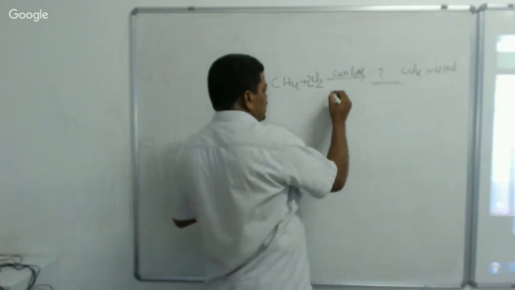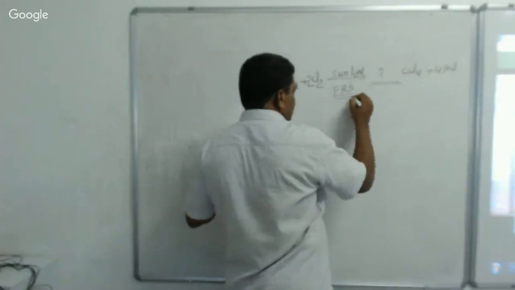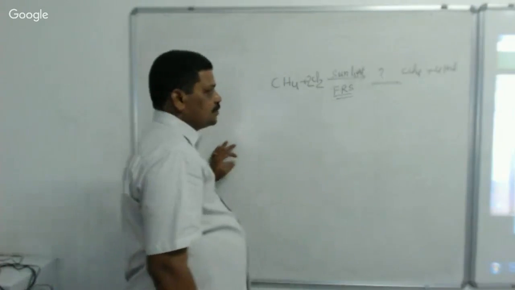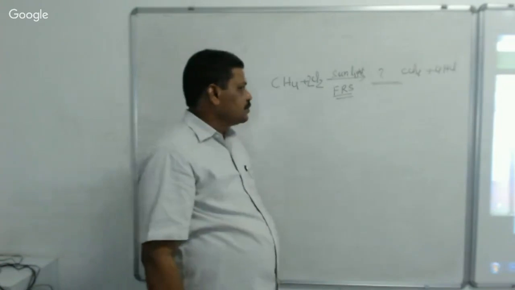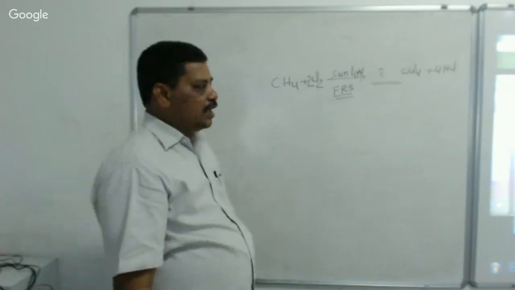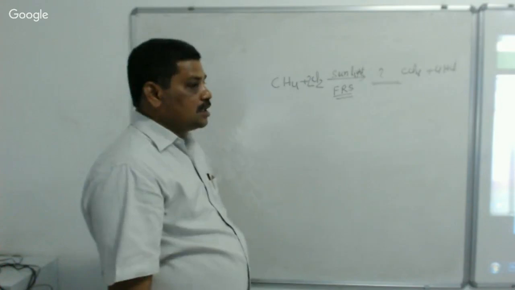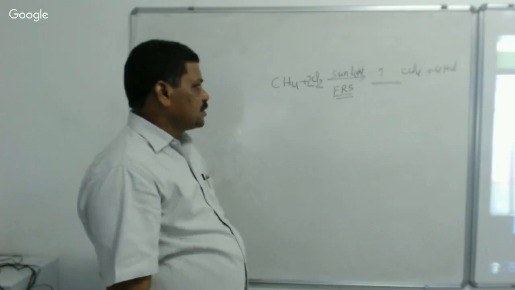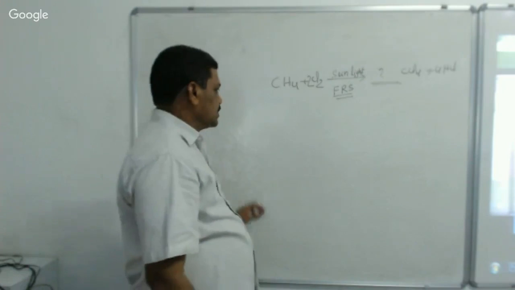What kind of reaction is this? Free radical substitution. So methane reacts with chlorine in the presence of sunlight. What is the final product? Carbon tetrachloride. Actually, this is a free radical substitution reaction, FRS.